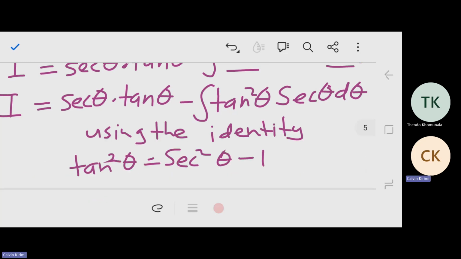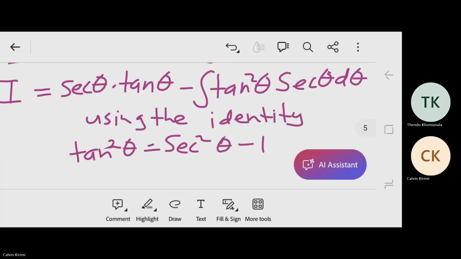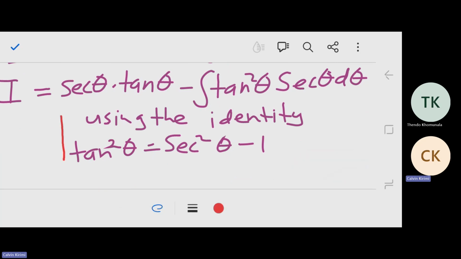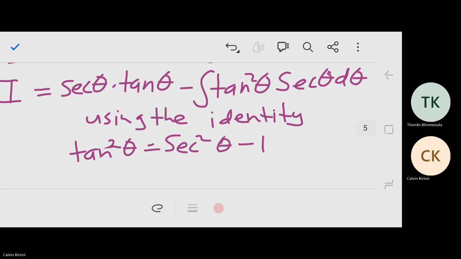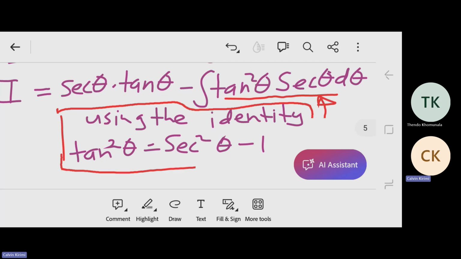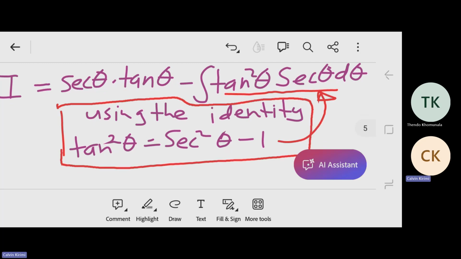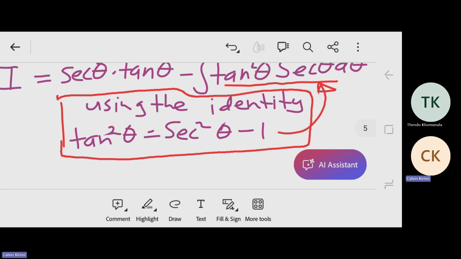So we replace this identity for tan. Okay. So from there, we conclude that. Go on further now to replace that identity for tan. What are we going to see?